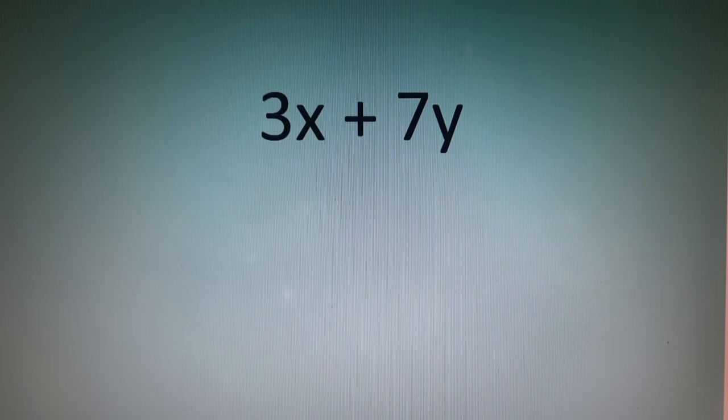Now we have 3x plus 7y. After combining two terms with plus or minus signs, it is called an expression. So 3x plus 7y is an expression. This expression is made up of two terms, 3x and 7y.